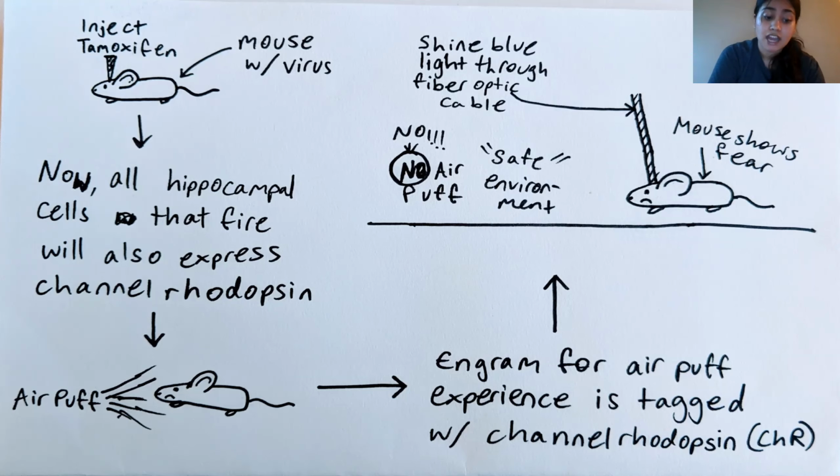So the mouse actually shows fear and discomfort in this new, cozy environment, even though it has never been in the environment before, because we're making it, through the light shining into its brain, re-experience the air puff memory. So I think it's really cool how we can literally control the firing of neurons with light through this technique of optogenetics. It's pretty interesting.